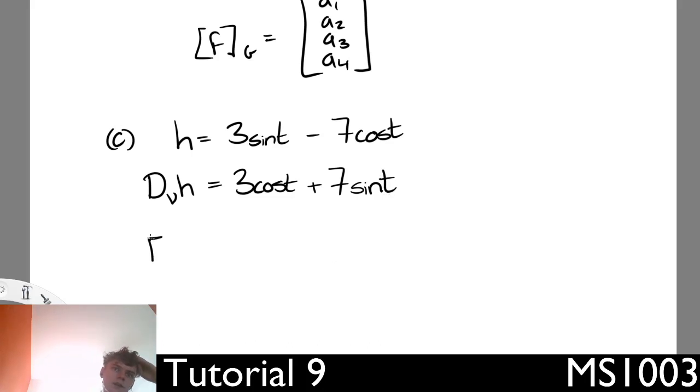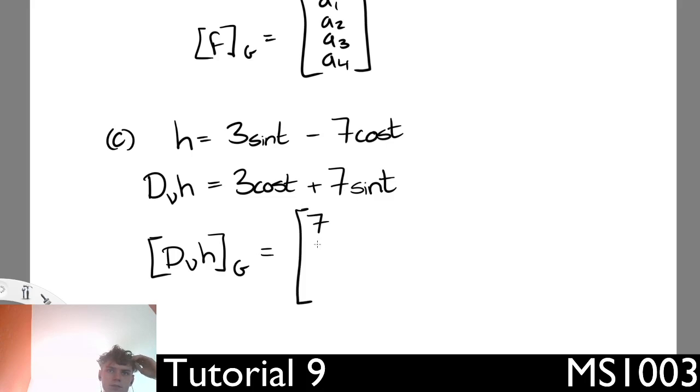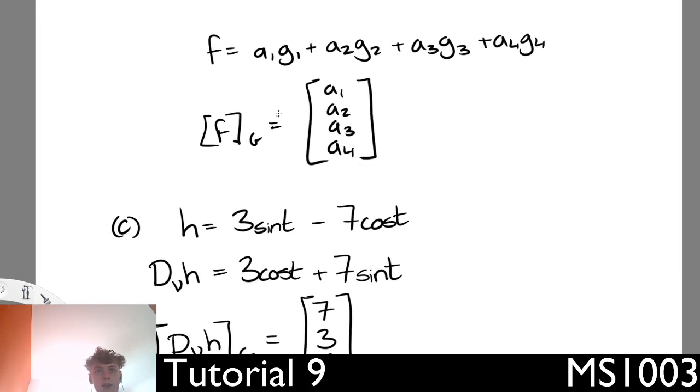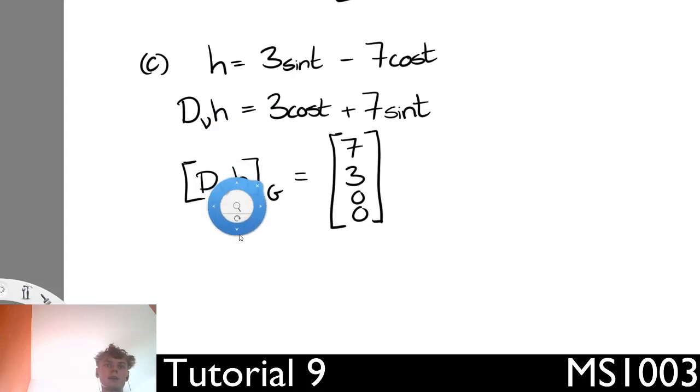And therefore D of h in the basis of G is going to look like 7 of sine t, 3 of cosine t, and 0 of sine 2t and cos 2t. Okay? So you can do this very easily again with f. You just plug in what your g's are, differentiate, and it should be grand.